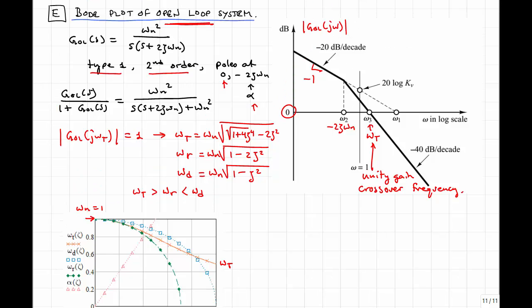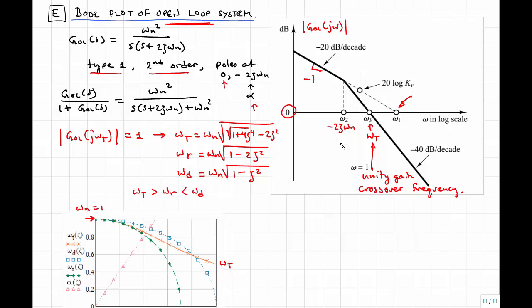Now, let's think a little bit about this frequency right here, omega 1. Omega 1 is the intersection with the 0 dB axis of the low frequency asymptote of the magnitude curve. In other words, the -20 dB per decade curve extended out to higher frequencies, ignoring the presence of this pole at -2 zeta omega n.